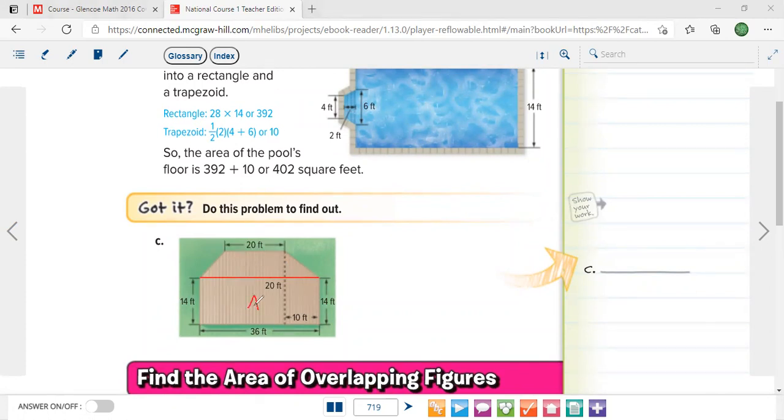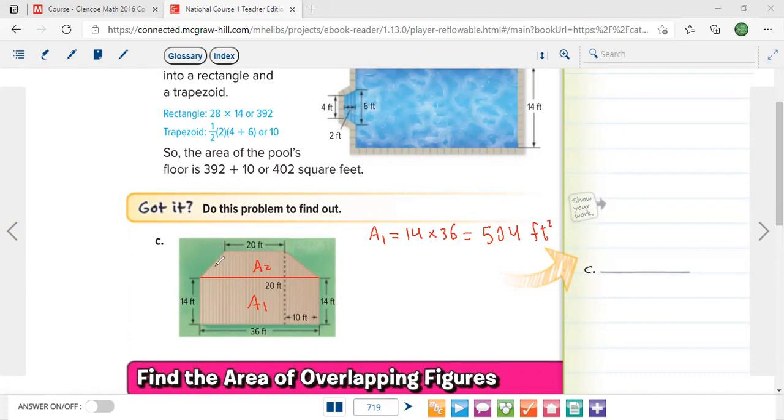I'll name this area as area 1 and this area as area 2. I'll try to find area 1 right now, which is length times width, 14 multiplied by 36. And 14 multiplied by 36 will give you 504. Of course, feet squared.